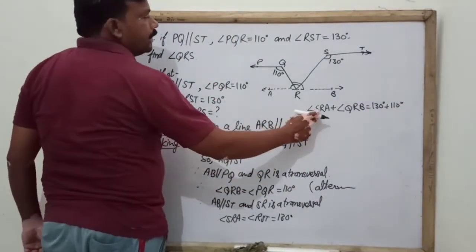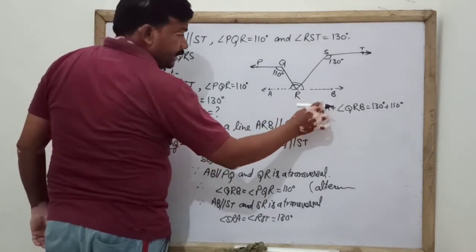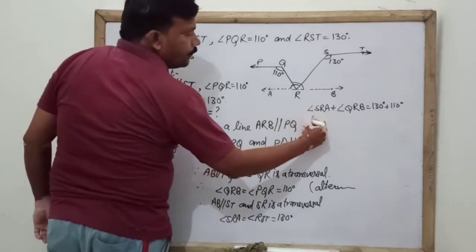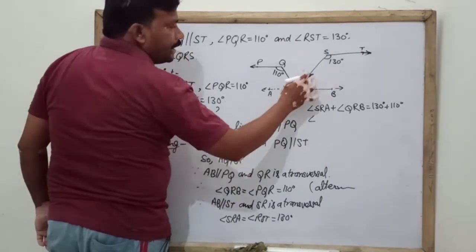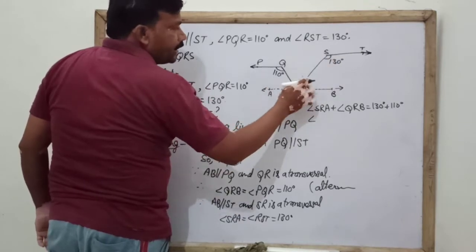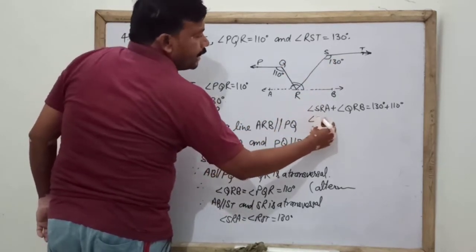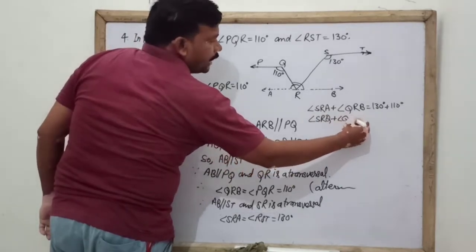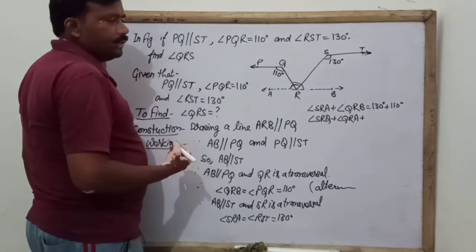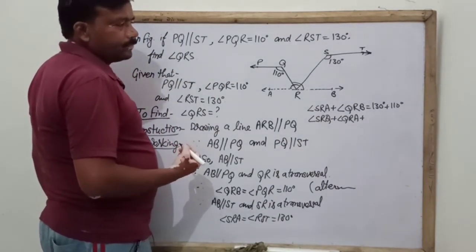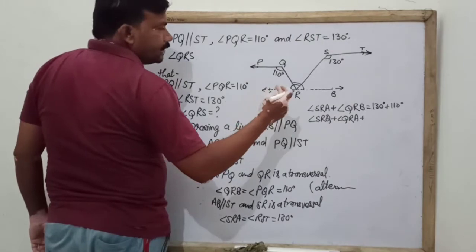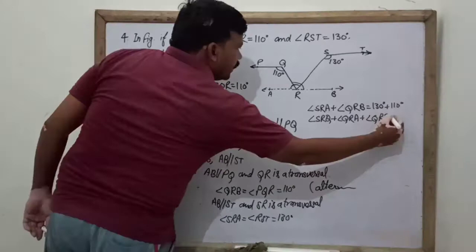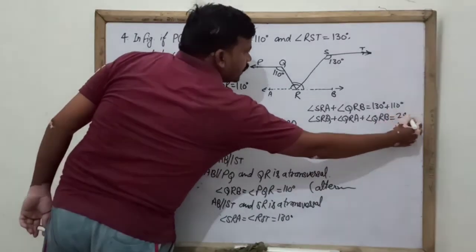Now if we separate them into two adjacent angles, then SRA means SRQ plus QRA. SRQ plus angle QRA plus the second one, angle QRB, equal 240 degree.